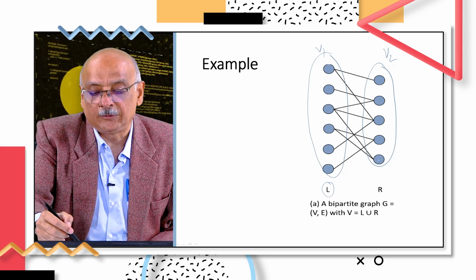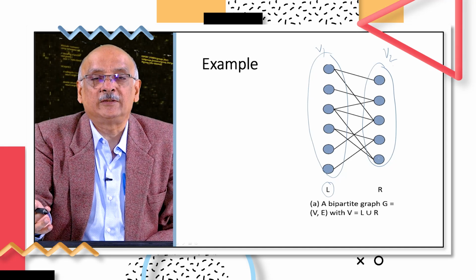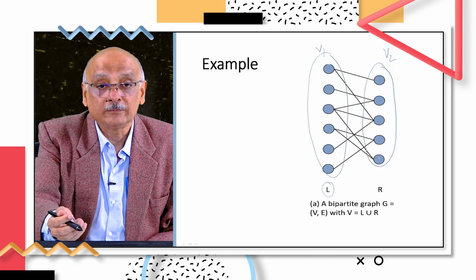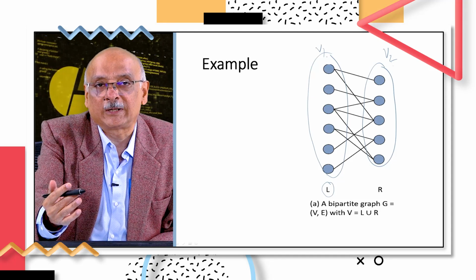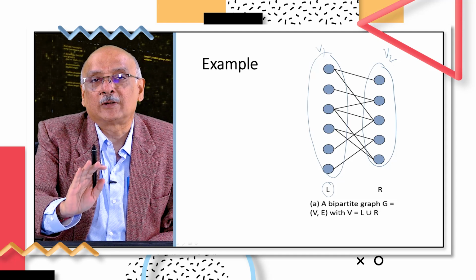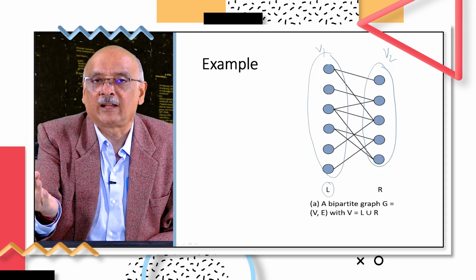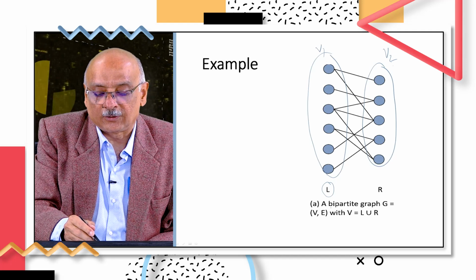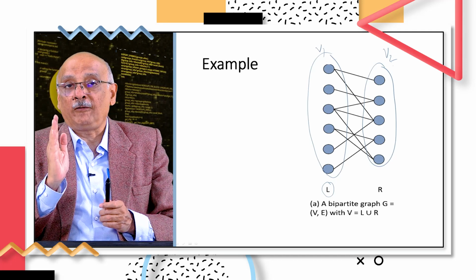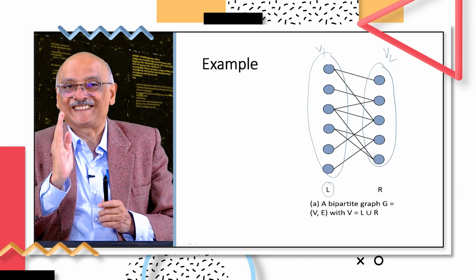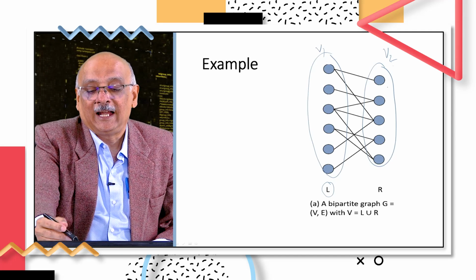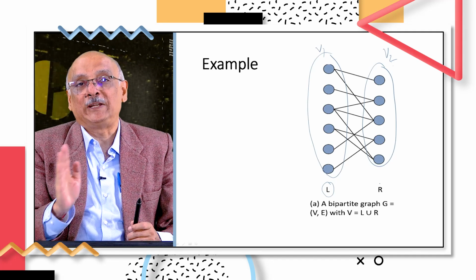These are unidirectional edges, so you could say it is vice versa also, but because the solution of this particular matching is from V1 to V2, we are going to consider it in a slightly directed way only. So this is a bipartite graph which consists of two sets of vertices. L in this particular case represents V1 and R represents V2.